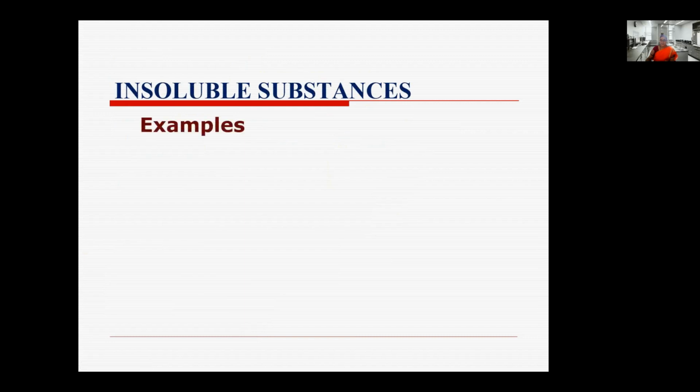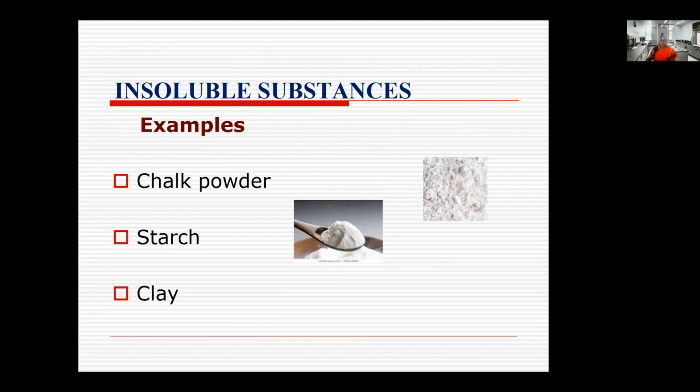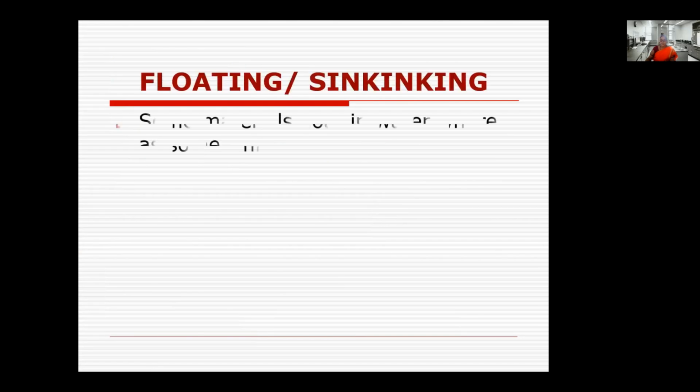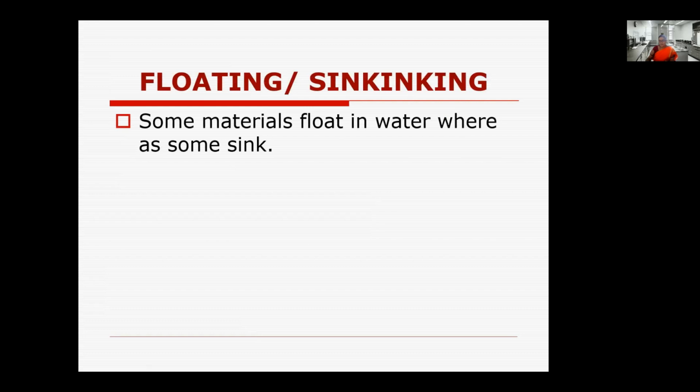Then insoluble substances, for example chalk powder, starch, clay. These are substances which are not able to mix with another substance, which are not able to dissolve, called insoluble substances. For example, if we mix sand and water, it does not mix. The sand gets settled at the bottom.